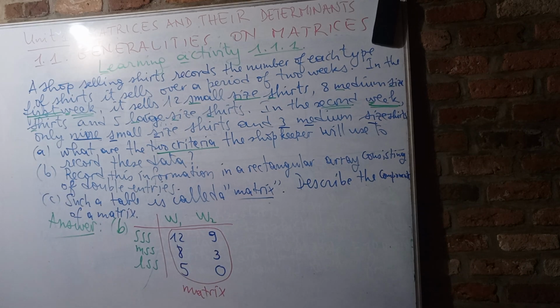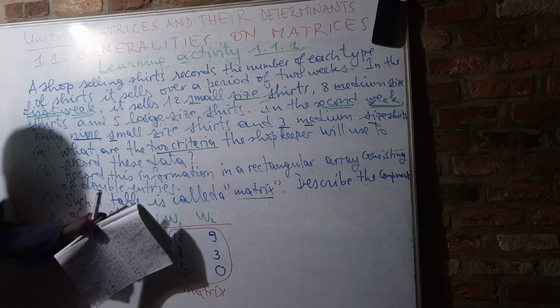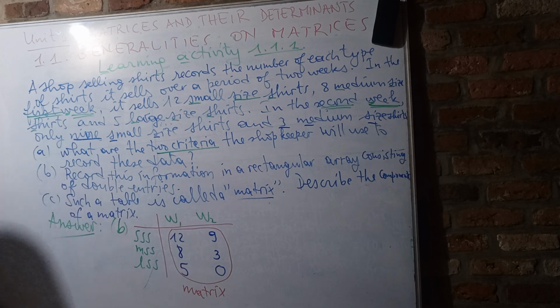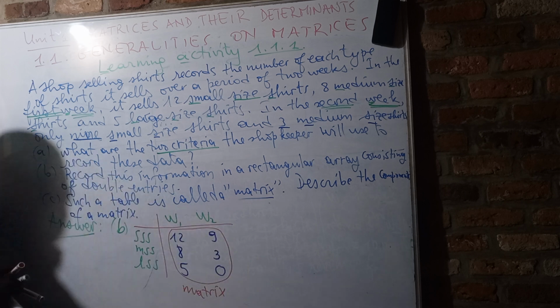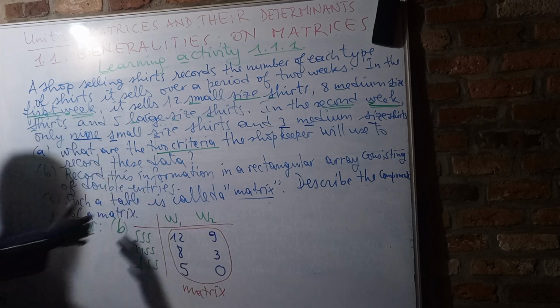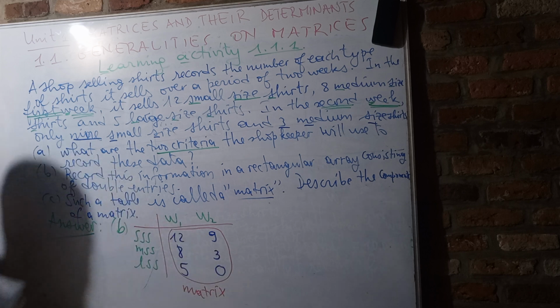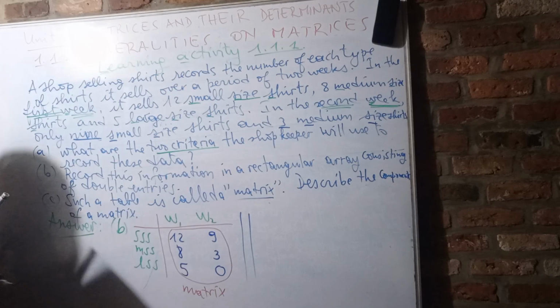Okay, so now we can also obtain another matrix if we dispose depending on the position of the weeks and the type of shirts. So another possibility, let us consider this one.